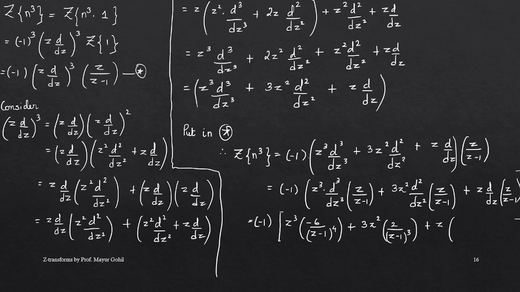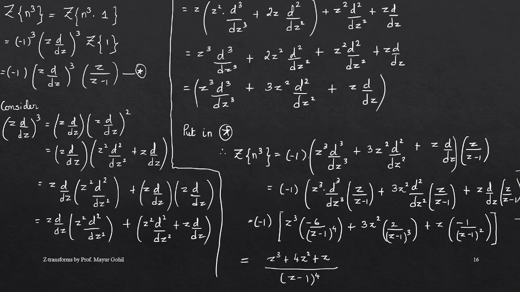When you do, you will have minus of 1 over (z minus 1) the whole square. Okay, so on simplification of this, we will get (z³ plus 4z² plus z) divided by (z minus 1) whole raised to 4. This is what we must get.